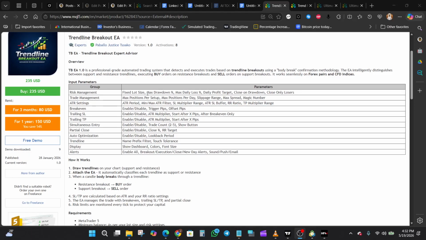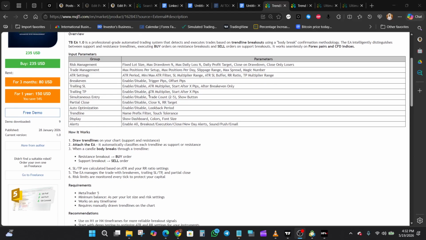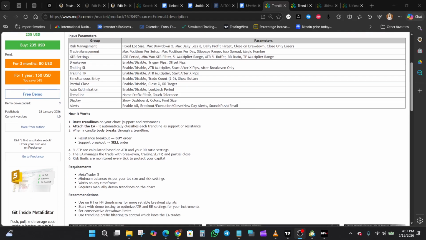So as I scroll through, I can see it distinguishes between support and resistance trend lines. A breakout above resistance is treated as a buy signal, while a breakout below support is treated as a sell signal. So the logic here is very structured around price breaking key visual levels on the chart.